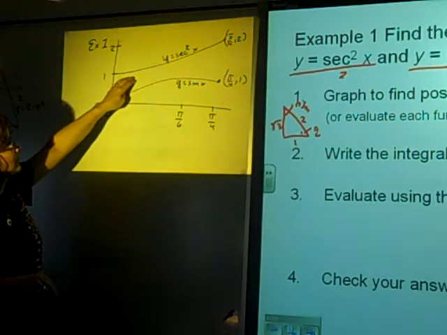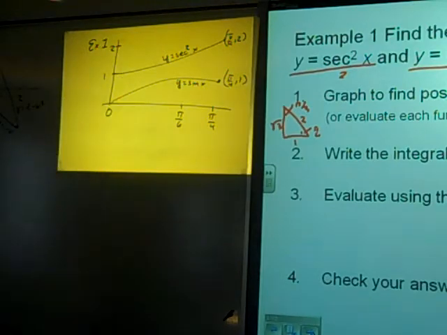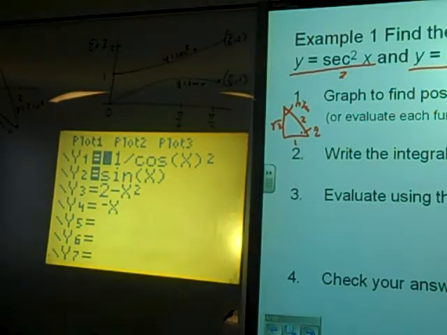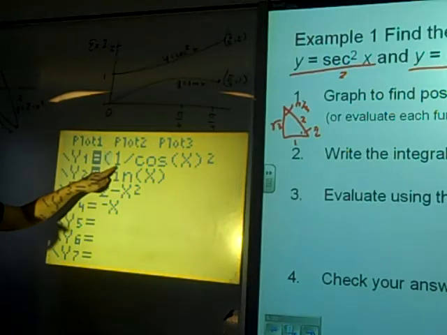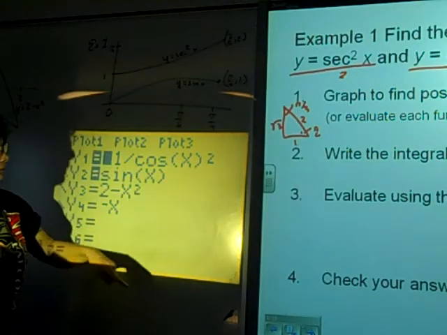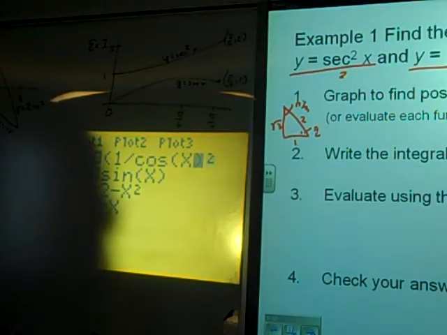So now let's look at this, though. How would you put that in your calculator if that wasn't something you've done in a while? Keep in mind secant squared, because it is the reciprocal of the cosine, you can write 1 divided by the cosine of x, and then just square that. Let's get one more parenthesis in here.